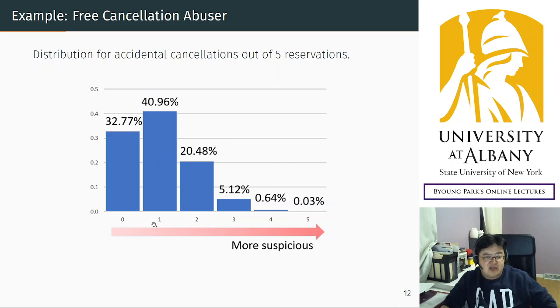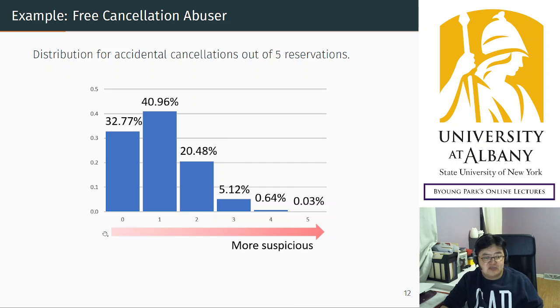And the most likely is 1, because you may need to cancel 1 out of 5 reservations, so it's nearly 41%. And 0 is nearly 33%. And 2 is still likely, and 3 is still 5%. So canceling 3 out of 5 times is still 5% possible. 5% of honest customers would cancel 3 out of 5 times.